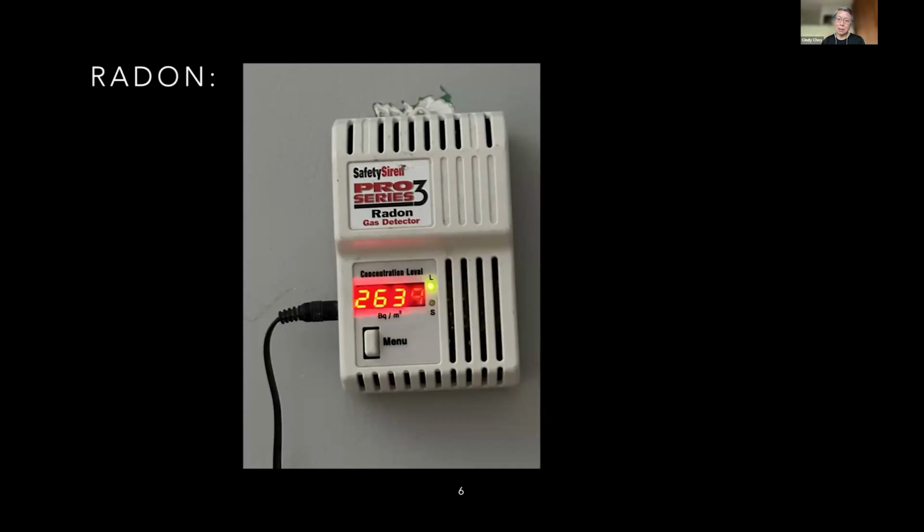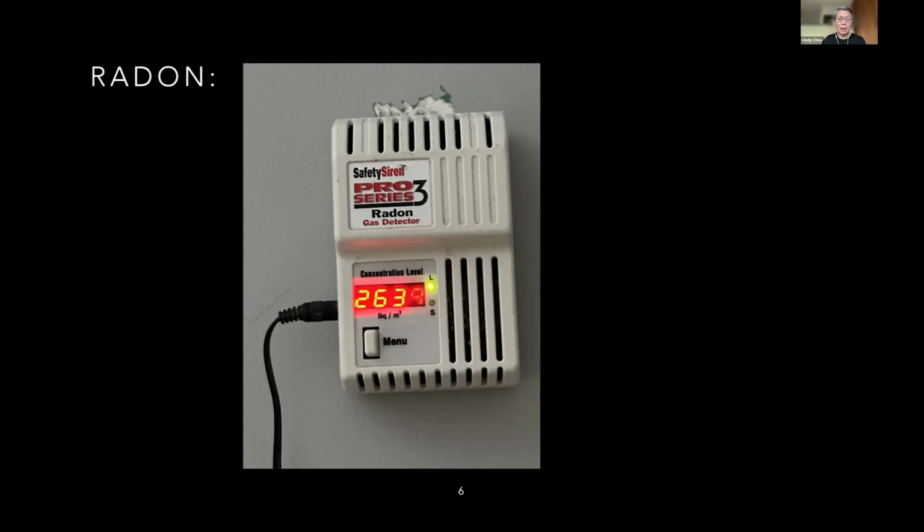We knew that Health Canada sets 200 becquerels per cubic meter as the maximum level for radon in the house. Myron replied and confirmed that there's no decimal on this thing. We actually had a reading of 2,639 becquerels per meter squared in our house.